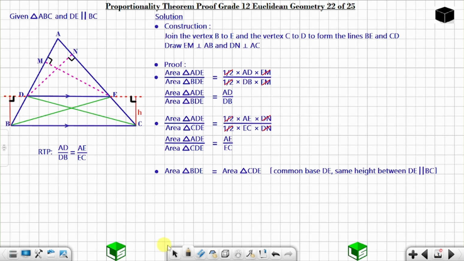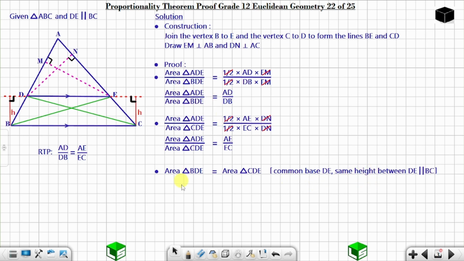Okay, so this is the height as well. So this height is equal to this height. You understand? The area of this triangle is going to be equal to the area of this triangle because you have the same base and the same height.